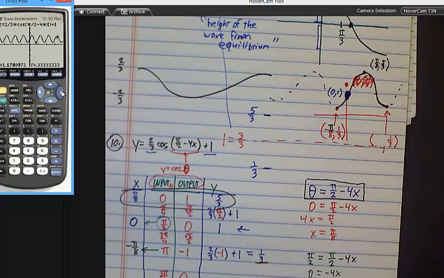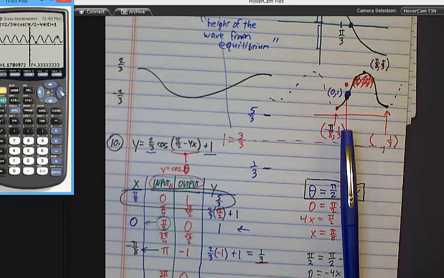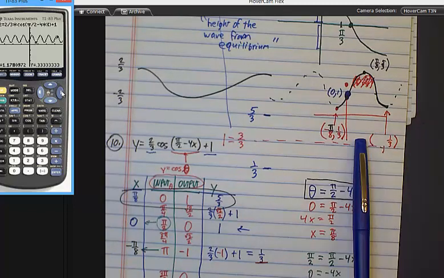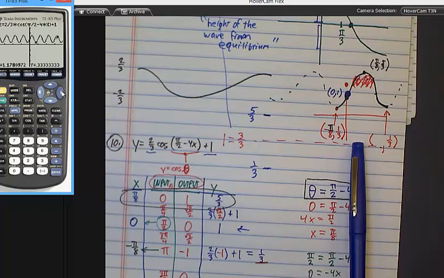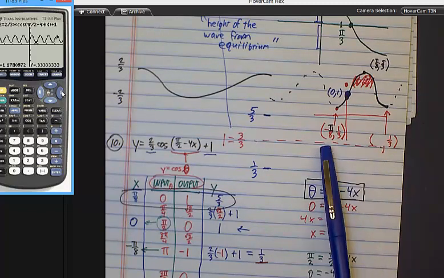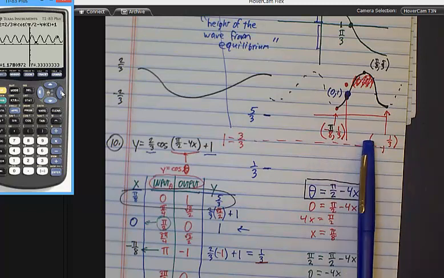But what you notice is, how far did I go from negative pi over 8 to positive pi over 8? How many pi over 8s did I go? Well, I went 1 to get to 0, and then another 1 to get to pi over 8, right? You might think maybe he's going to go another couple pi over 8s.